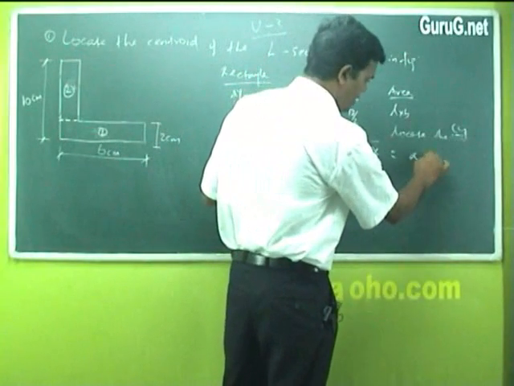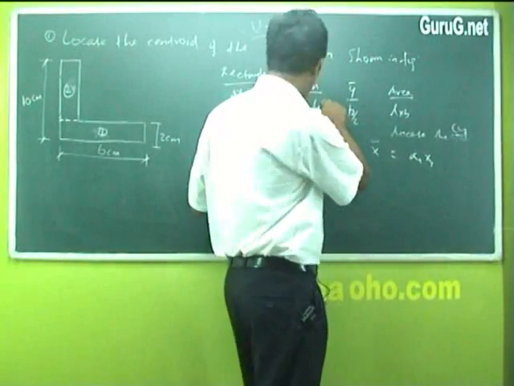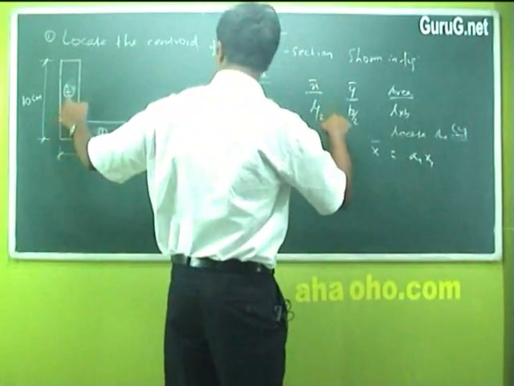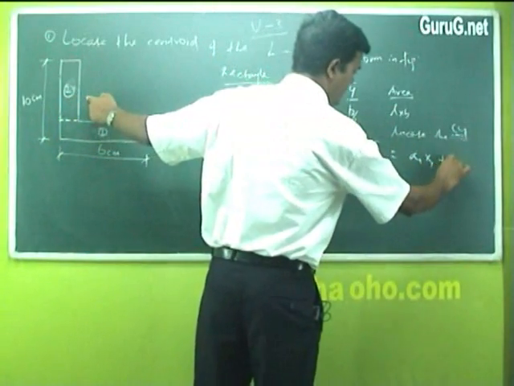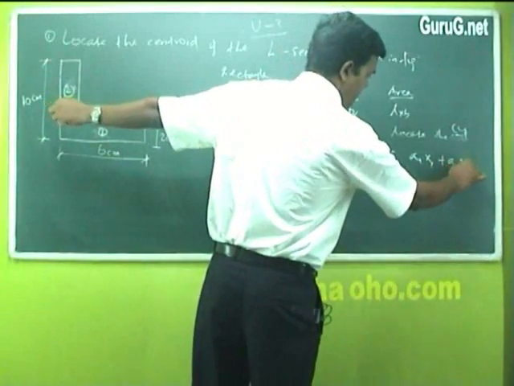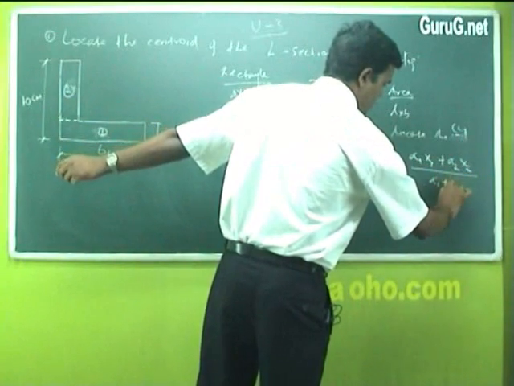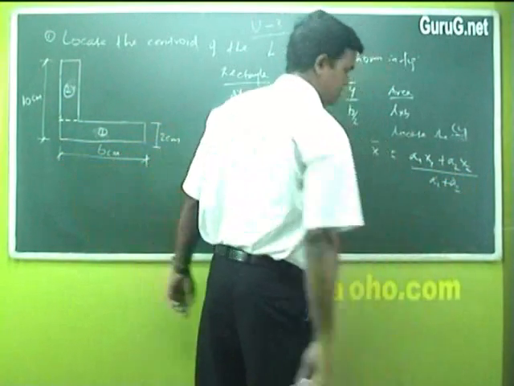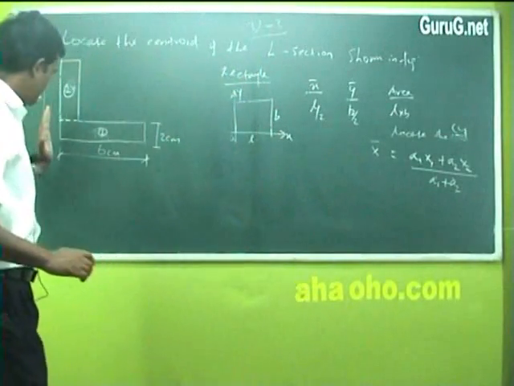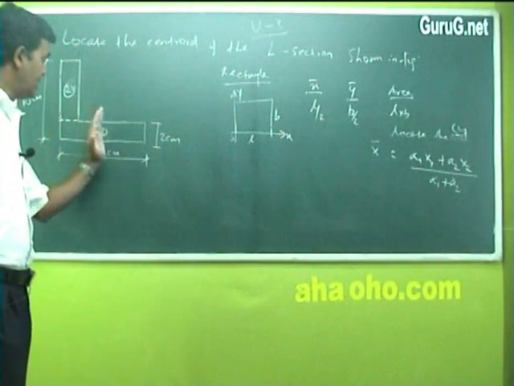So A1 into x1, where x1 is the x bar value of sketch 1, plus A2, the area of the second sketch, into x2, divided by A1 plus A2, the area of 1 plus 2. This is how you locate the value of x bar, that is the x distance from the leftmost corner, the OY axis.